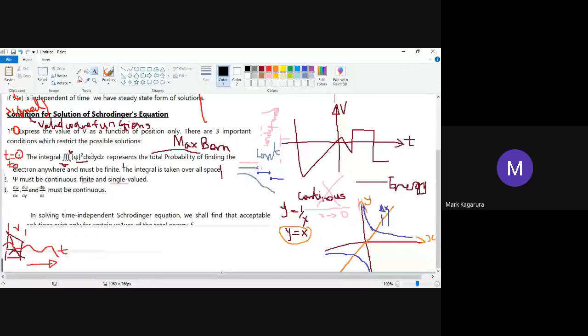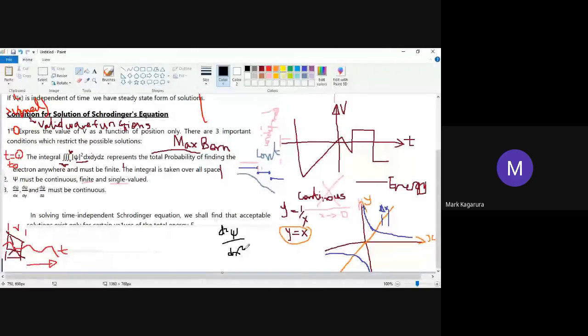Now, because you have a second derivative, the value of the second derivative gives you what? Gives you either a maxima or a minima or something. It's just constant.